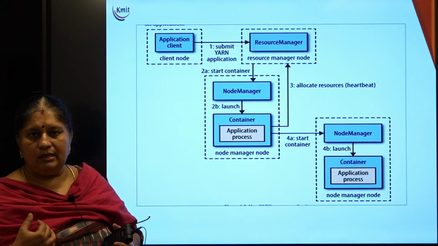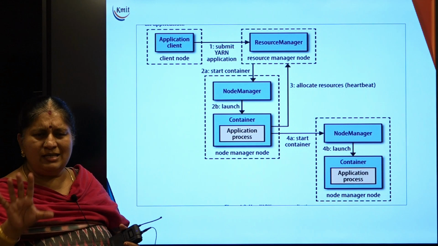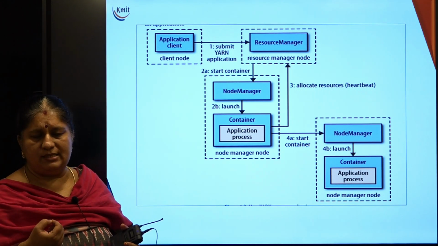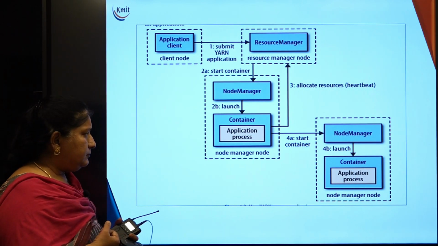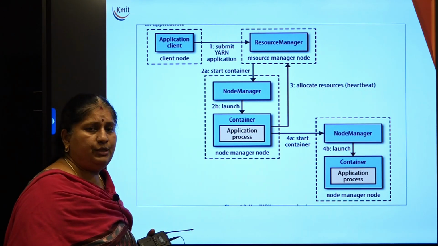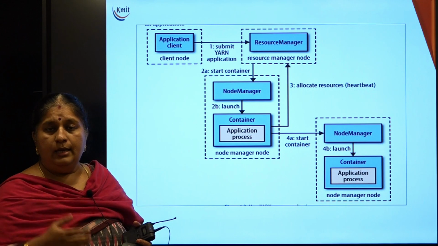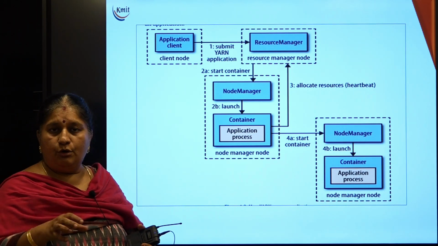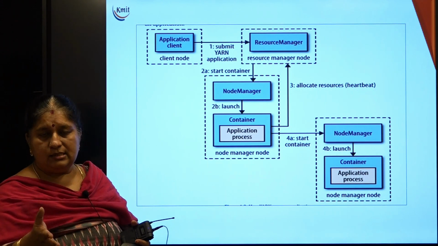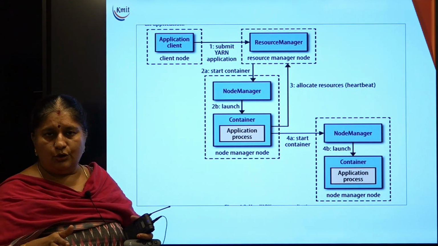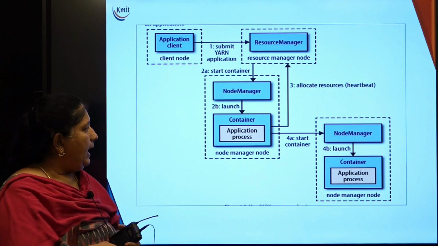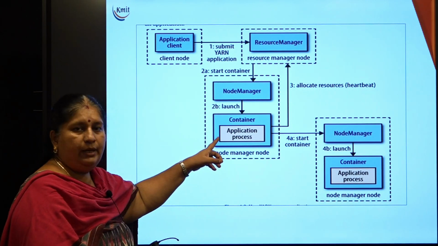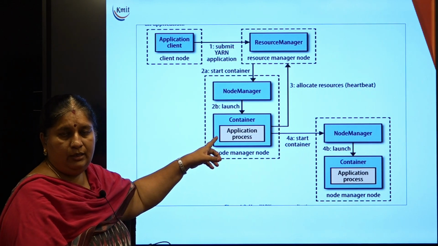It will ask the node manager, through heartbeats only, which are small messages, can you run this specific application? If the node manager responds with a yes, a container will be launched on the node manager, and this node manager will go through the execution of the application.